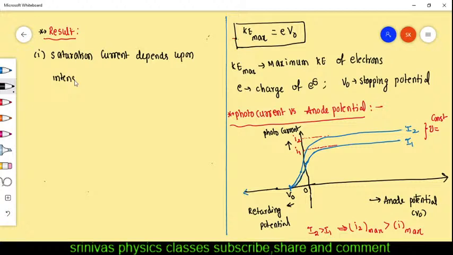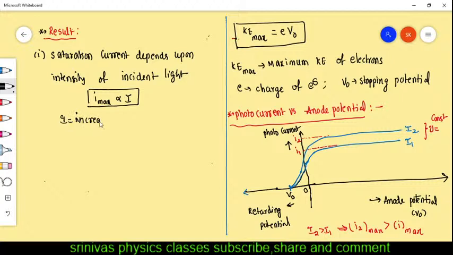Saturation current depends upon the intensity of incident light. When the intensity of light increases, the saturation current also increases. It is directly proportional to intensity. This is the first observation. When the intensity increases, the maximum current Imax also increases. This is the first point.